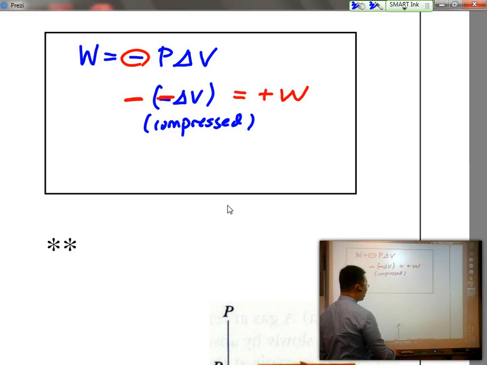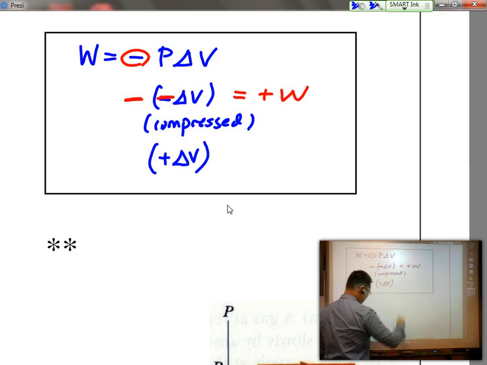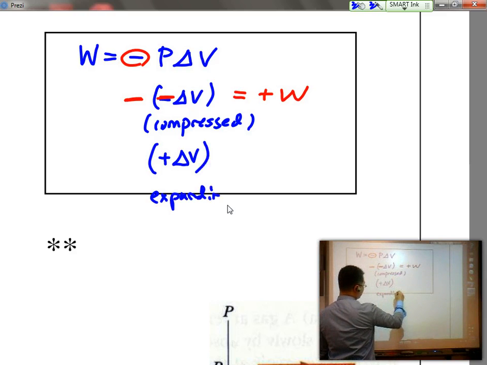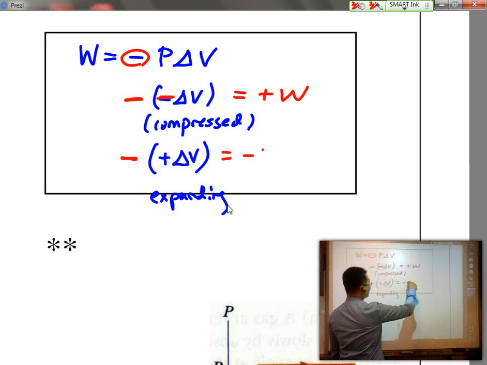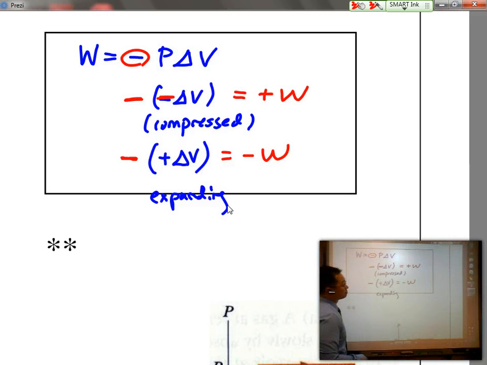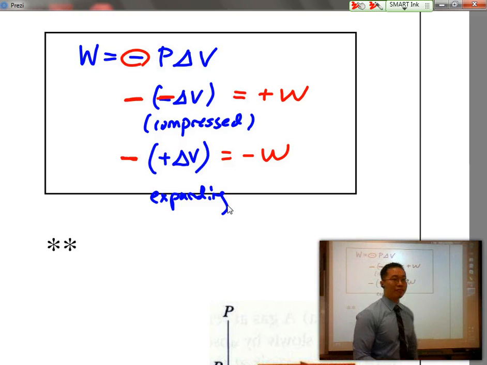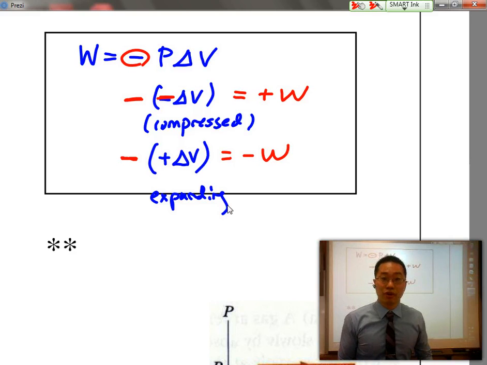If you have the volume increasing, in other words, a positive delta V, in other words, the gas is expanding, when you take that negative value from before and put it in front, you end up with a negative work. Okay? So negative P delta V, it's not a formula that's used very often, but it's important to understand where it comes from.